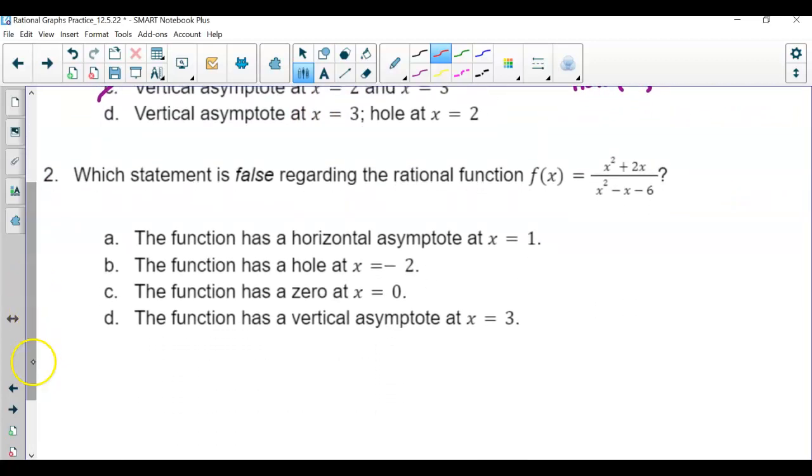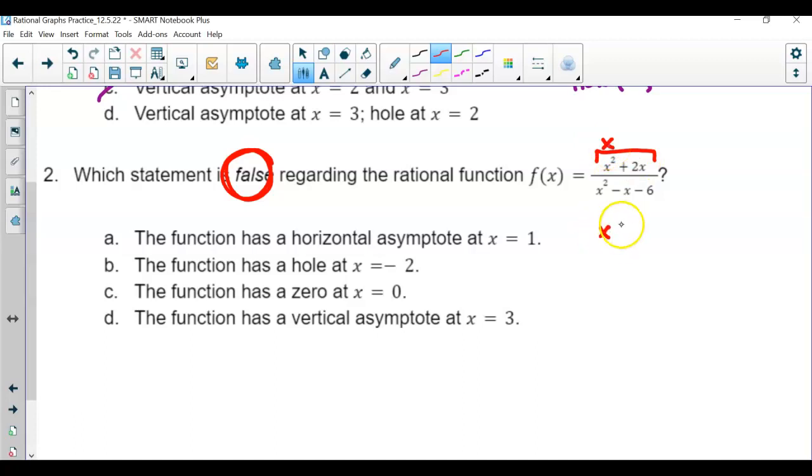Now, question number 2, you were looking for which statement was false. So I'm looking at the answer choices and notice we're talking about all of these characteristics: horizontal asymptote, the hole, the 0, the vertical asymptote. So I need to factor. Now, I can factor the numerator because notice how they both have an x. So I can factor out a GCF, or a common factor, of x.